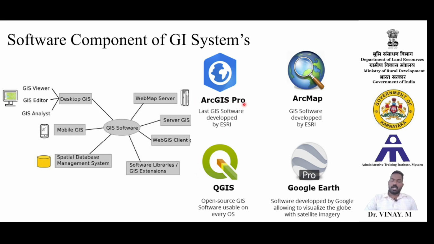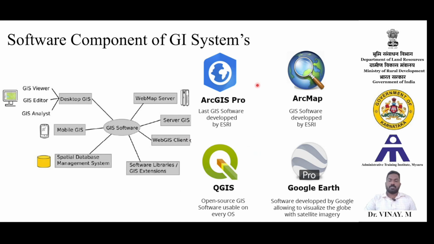But ArcGIS Pro is majorly written to run on the Windows operating system. Suppose you have a Mac or Linux, then ArcGIS is not a solution, so we have to go with open source QGIS.